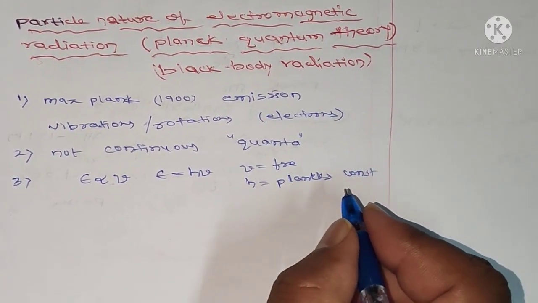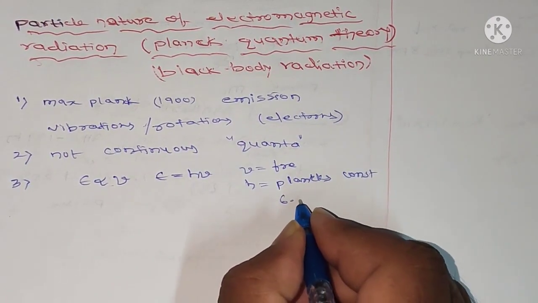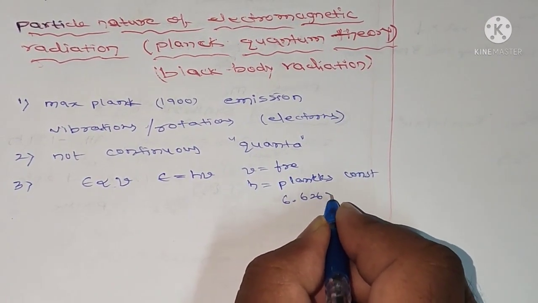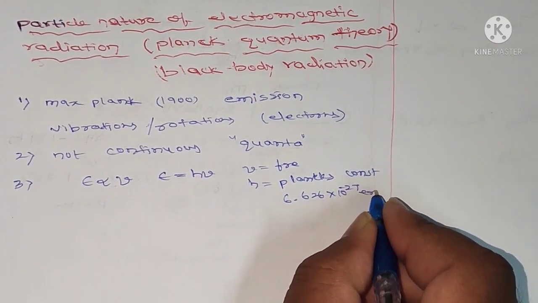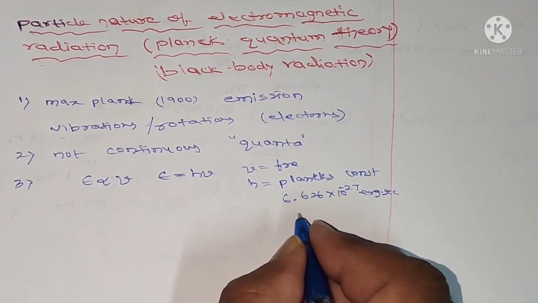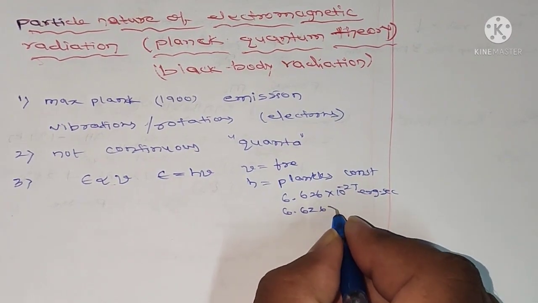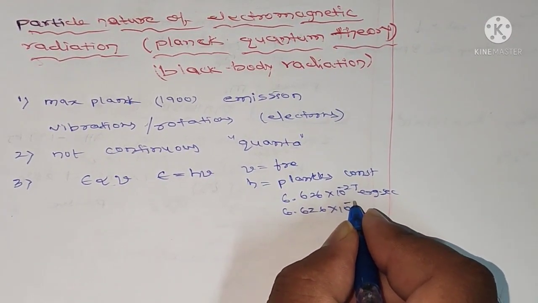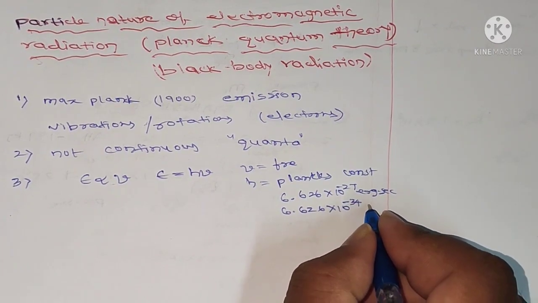Its value is 6.626 into 10 to the power of minus 27 erg second, or 6.626 into 10 to the power of minus 34 joule second.